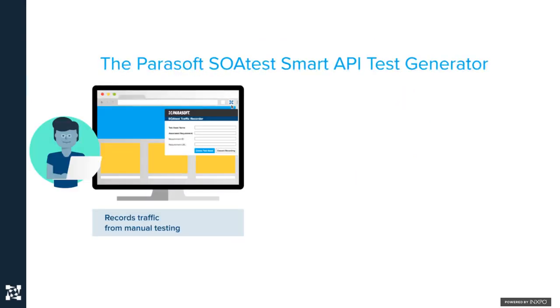So how does that work? Well, the Smart Test Generator is a plugin to your Chrome browser. That Chrome browser plugin captures the interactions that your web UI is making with the backend API, in essence pulling out the under-the-hood wiring, and it then passes that onto the SOAtest engine. That SOAtest engine is either running on the developer or tester's desktop, or it's running as part of your infrastructure.